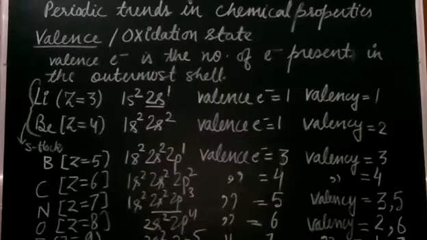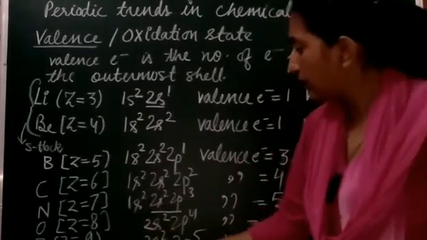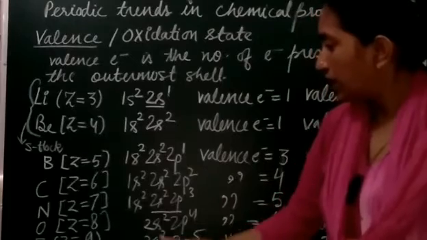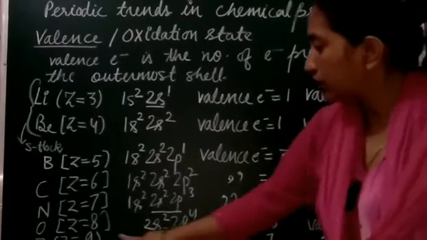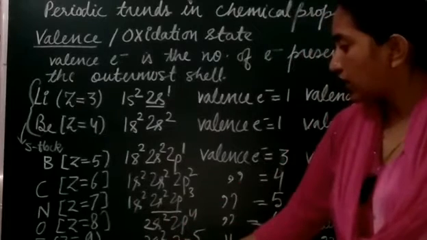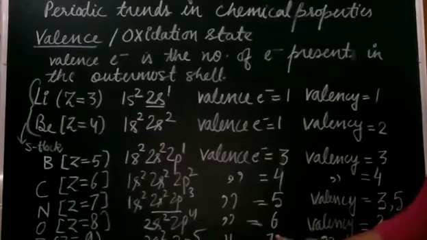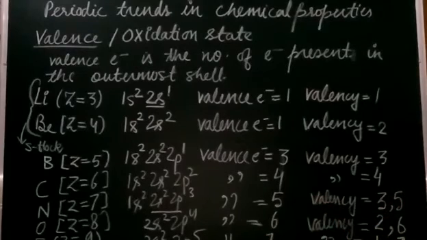So here we have discussed this. If it is not visible, it is just here, fluorine. In the similar way as I have done above, we have written for fluorine its atomic number, its valence shell electronic configuration, then the valence electron, that is 7, and at the end we are writing the valency, that is 1, 7.